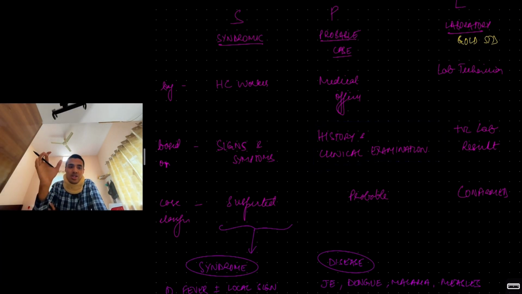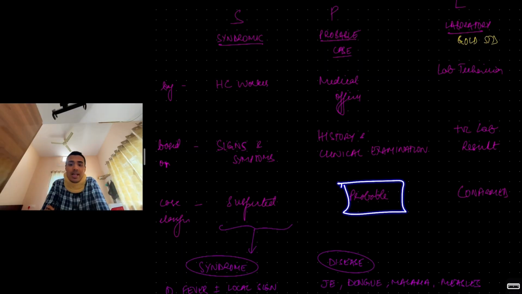Probable case surveillance is done by a doctor based on history and clinical examination. You're taking a thorough history, you're doing an accurate clinical examination, and based on that, most probably it is malaria, most probably it is hepatitis. So the case is classified as a probable case. Whereas laboratory surveillance is done by a lab technician based on a positive lab result.